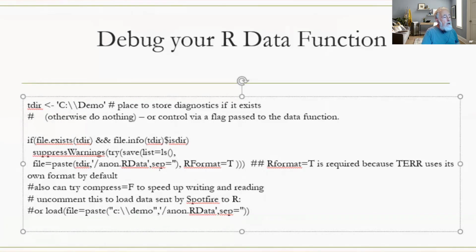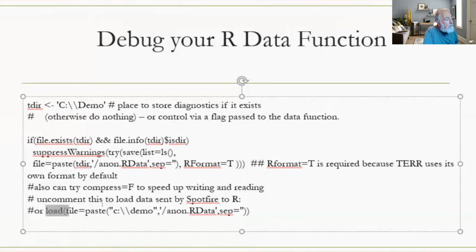And so the purpose here is really just to give you visibility into that, so you can debug it outside of the Spotfire environment. So if you're an RStudio user, you can read in this.